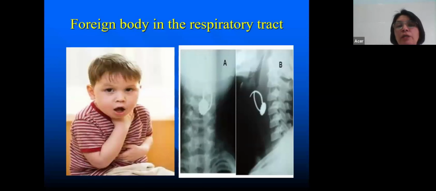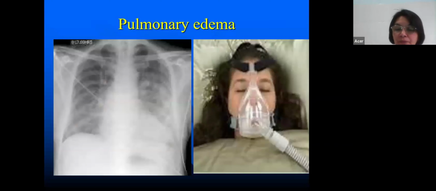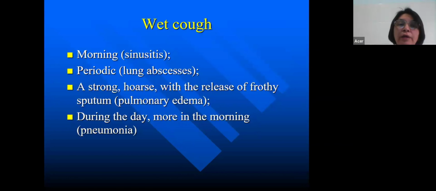On these pictures, you can see a baby with a foreign body in the respiratory tract. Wet cough. Wet cough in the morning, sputum in the morning, is typical for sinusitis. Periodic wet cough, typical for lung abscesses. A strong cough with a release of frothy sputum is typical for pulmonary edema.